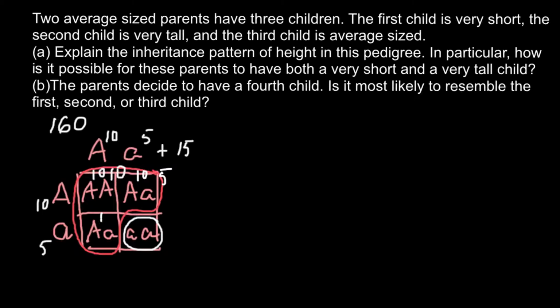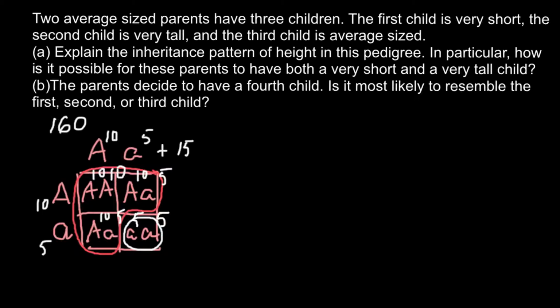The same is true for this child. 160 centimeters plus 15 here would give us 175 centimeters, and the same is true for this child. And the child who is homozygous recessive would have 5 and 5 centimeters, so his height would be 170 centimeters.